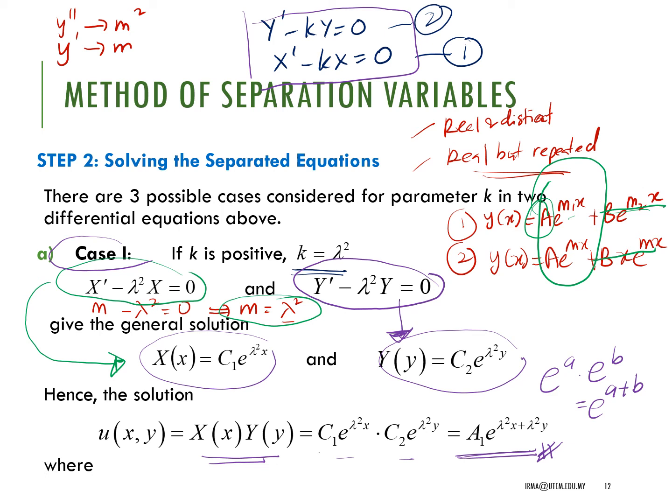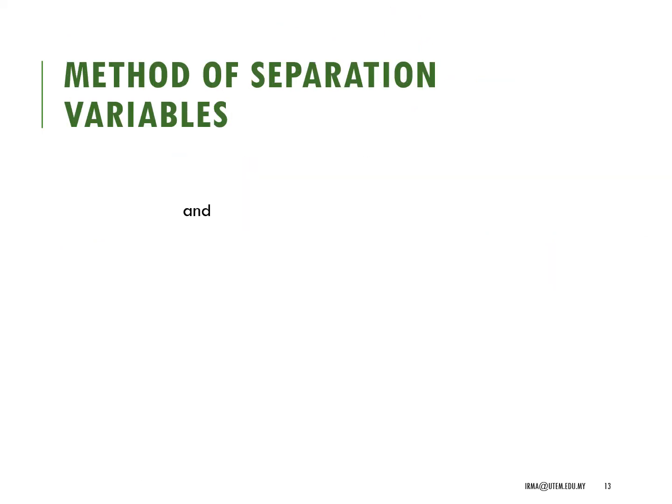Right? So next is case 2. Case 2 is where we set k equal to 0. The first equation, as before, is x prime minus kx equal to 0.